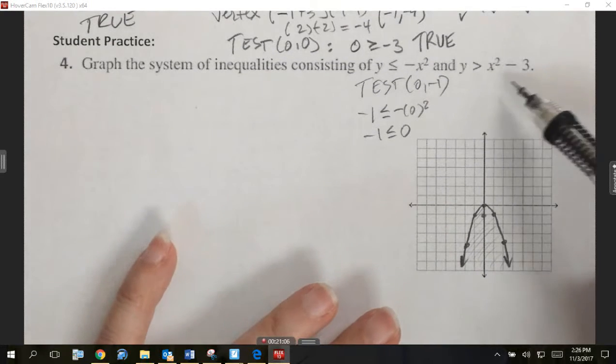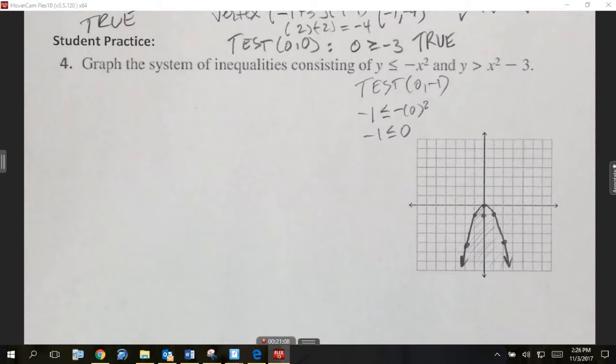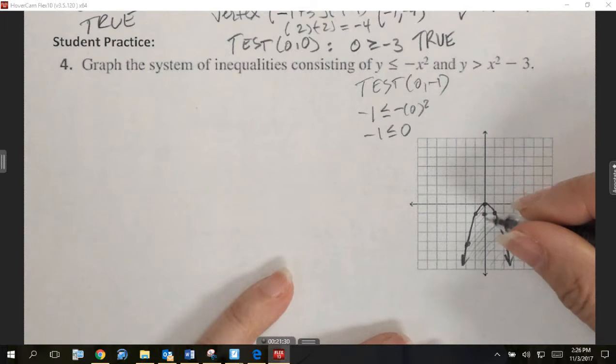Other equation, x squared minus 3. I'm going to graph x squared minus 3. Translate it, down 3. Parent function, translated down 3.